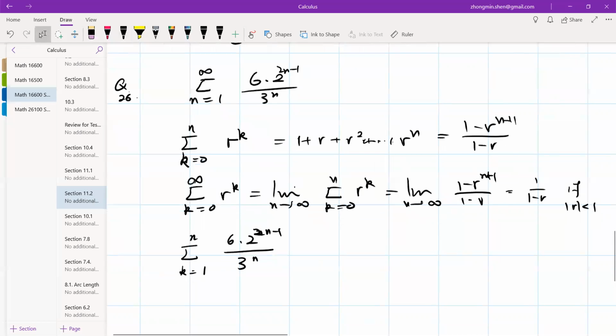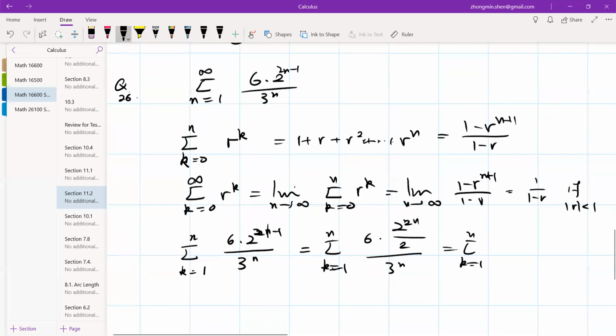You can actually combine them into one fraction for this particular problem. We can do it step by step. 2 to the 2n minus 1 is 2 to the 2n divided by 2, right? So 6 divided by 2 is going to be 3.